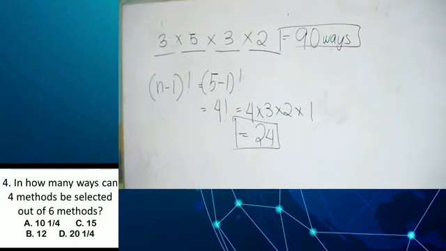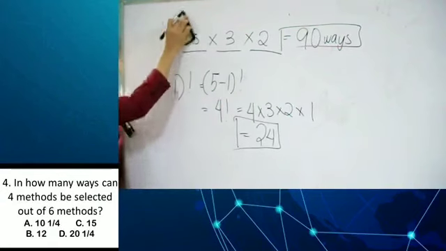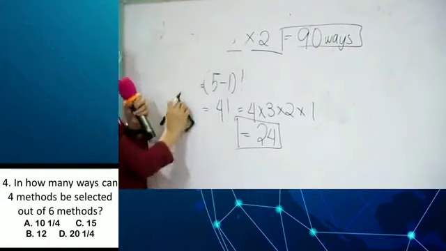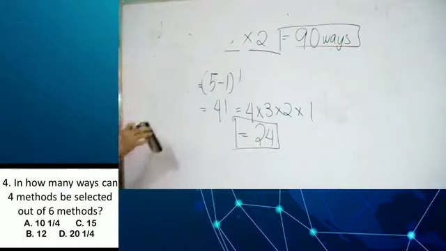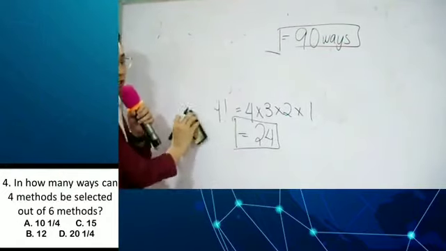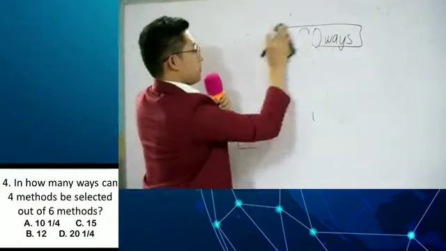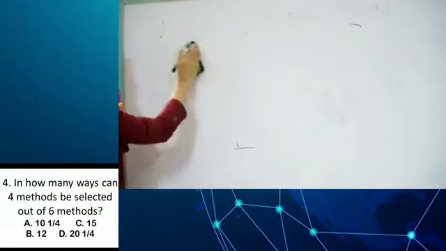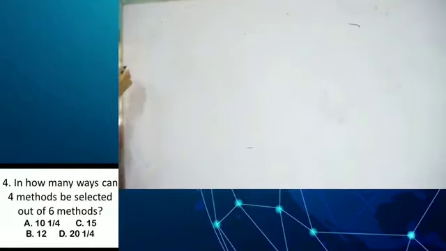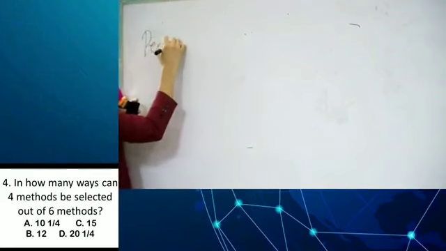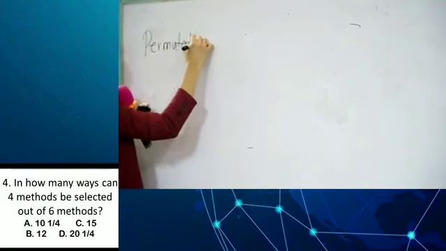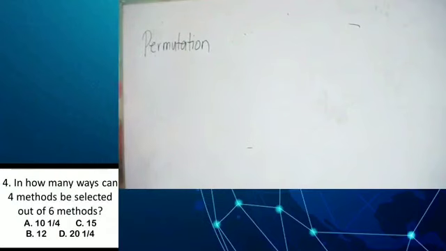Okay, next question. In how many ways can 4 methods be selected out of 6 methods? So, under probability, meron tayong 2 topics pang pag-uusapan, which is permutation and combination. So, ano bang pinagkaiba ni permutation at combination? For permutation, you are going to use permutation if you are asked to arrange things.